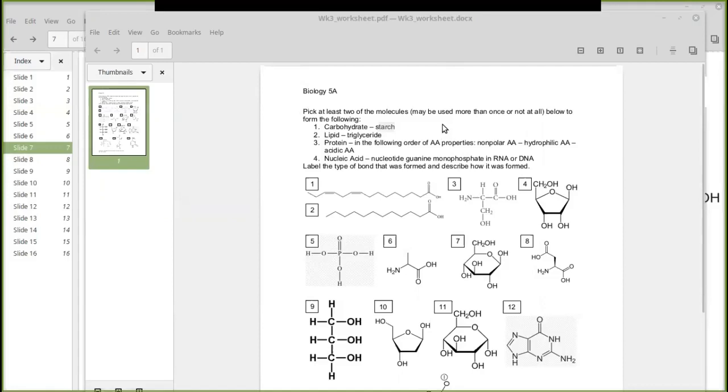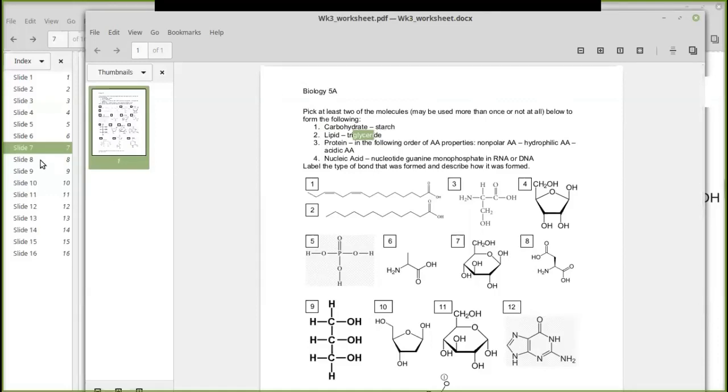And that would be the fatty acid of the triglyceride. What else could we use to form the triglyceride? So what is this part?